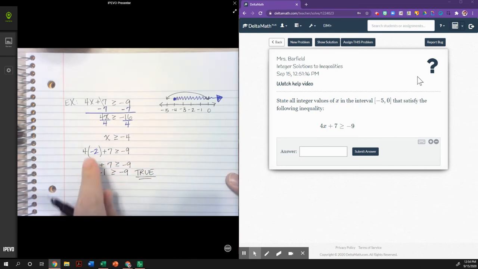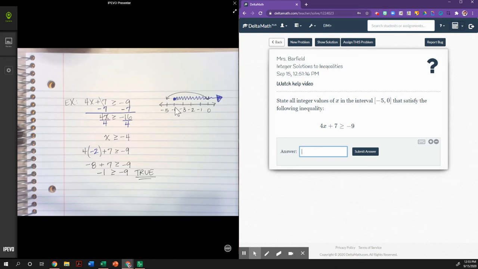If I plugged in -5 here, it would not work, but if I plugged in -4, -3, -2, -1, and 0, it's all going to work. Now it asks me to state all of those integer values.